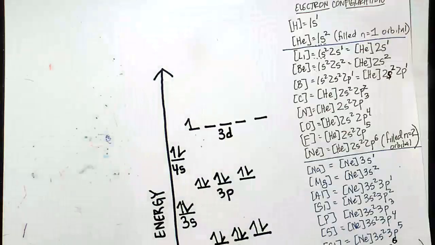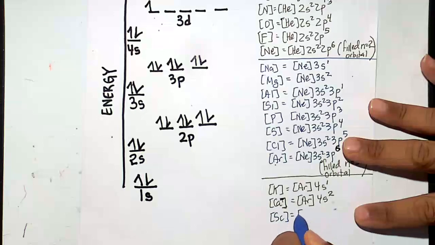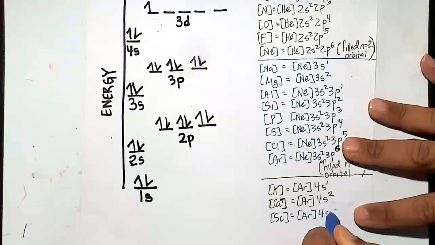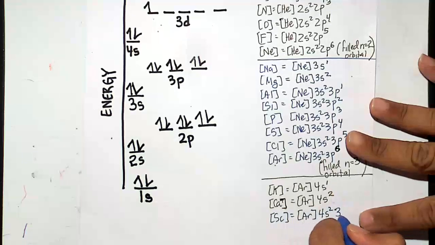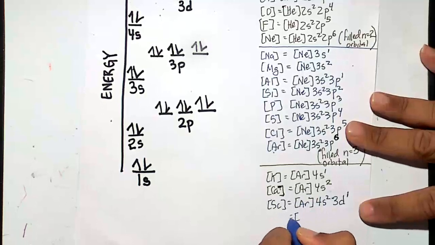And then what would scandium be? Argon 4s2, then what? 3d1. Now you can also write it this way, 3d1 4s2.